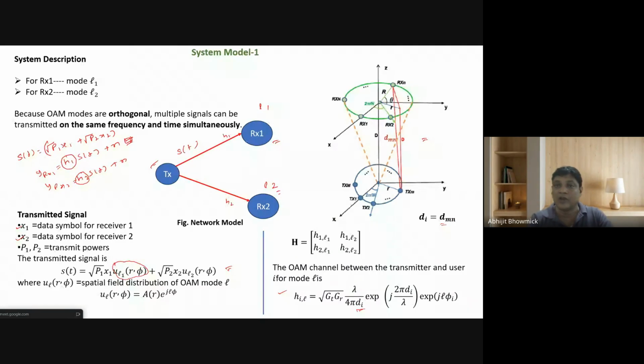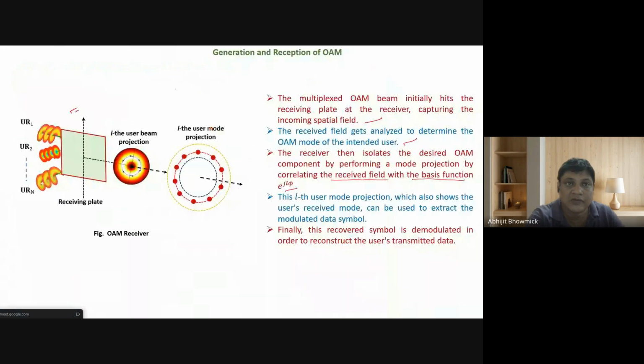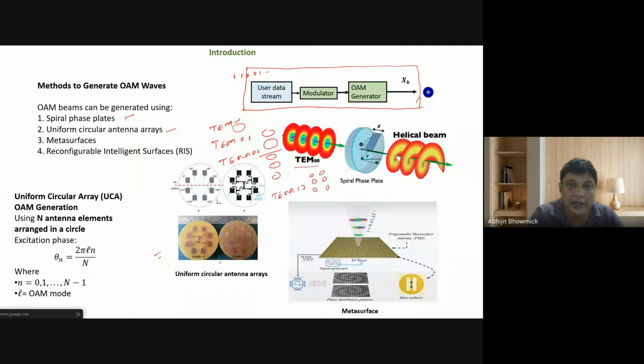Look carefully. This is the transmitter, which uses a circular patch antenna. This antenna is used to generate the mode. This is one antenna, this is another, and so on.